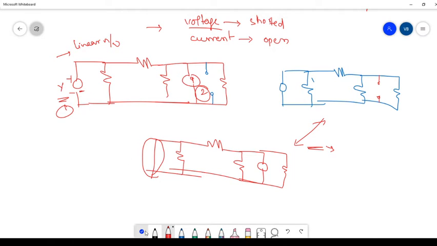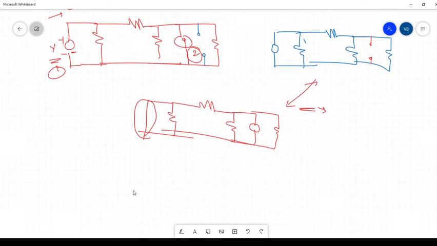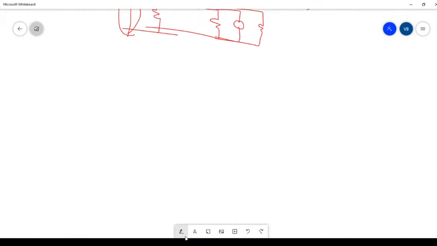So that I'll explain with one example. Here I'll take the circuit. Just calculate the current I2. Calculate the current passing through the 3 ohms resistor here. First I'll draw the circuit.